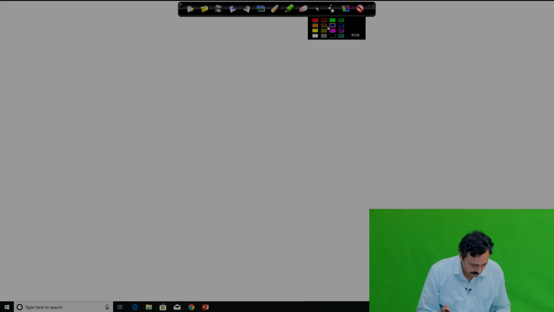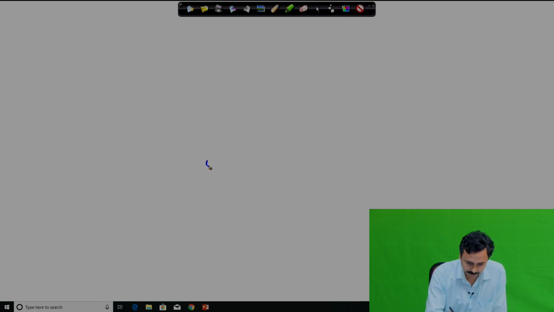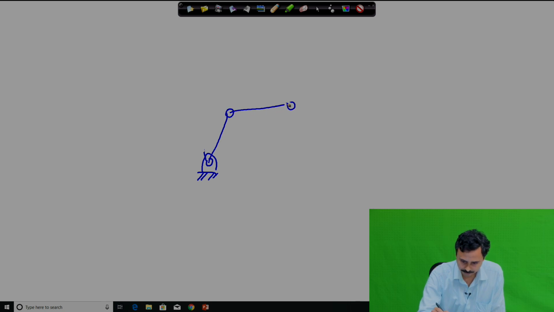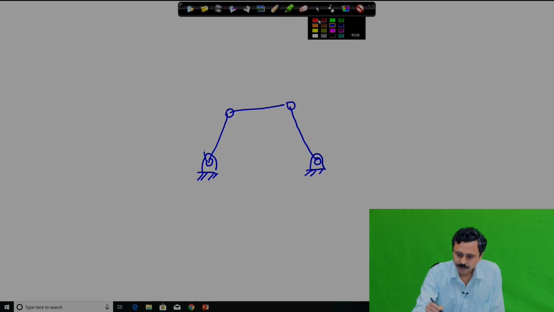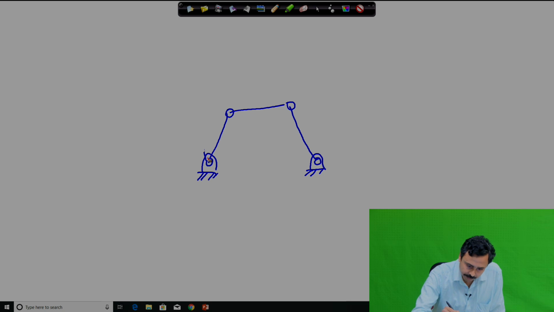Now, here the question is like this, that a 4R mechanism is shown and some dead center positions are indicated, something like this, right.